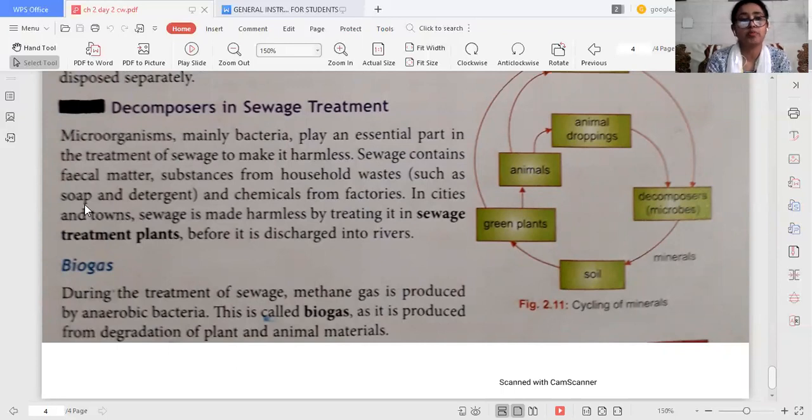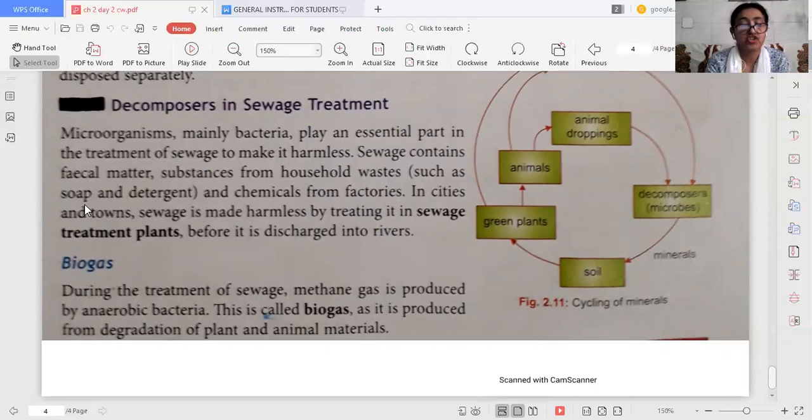What are anaerobic bacteria? The bacteria which act in the absence of oxygen. And the production of methane by the treatment of sewage is known as biogas.